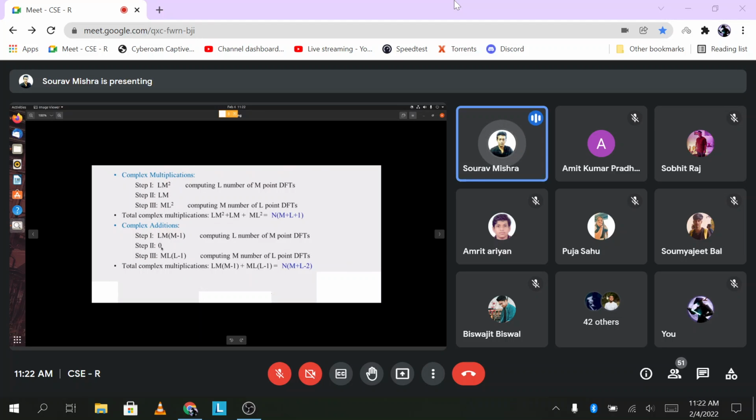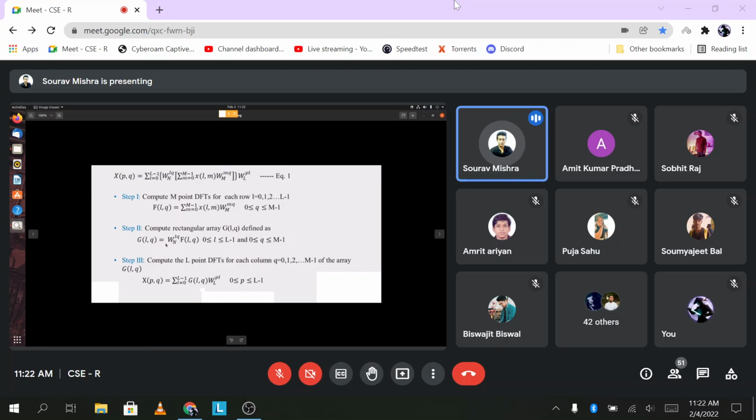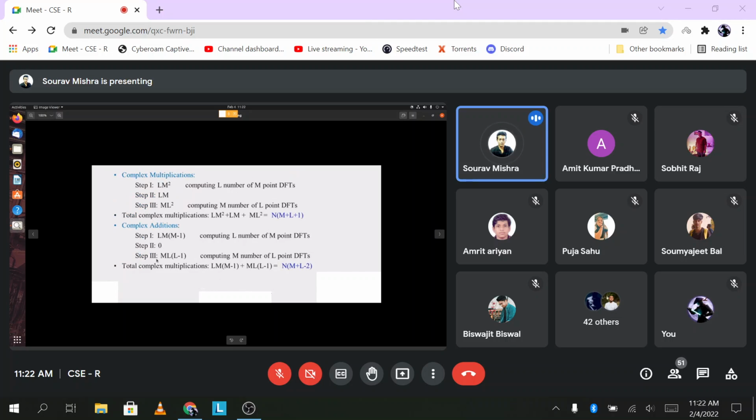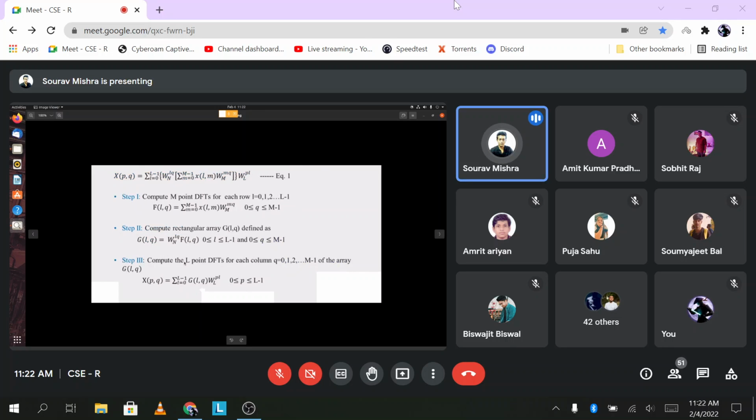And how are you getting zero additions in step 2? In step 2 we are only doing the multiplication. There are no additions here. So there is 0. And in step 3, just like in step 1, to compute the L point DFT for a single column we are doing L whole L minus 1 additions.